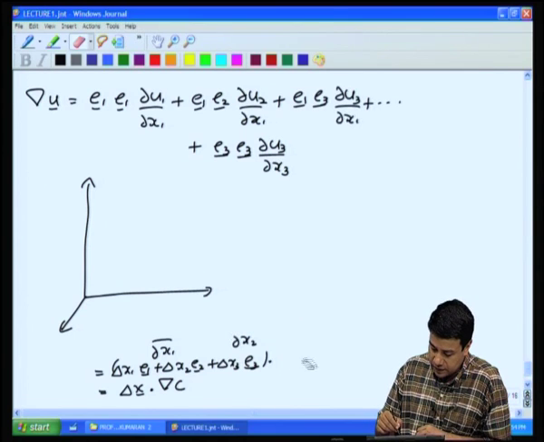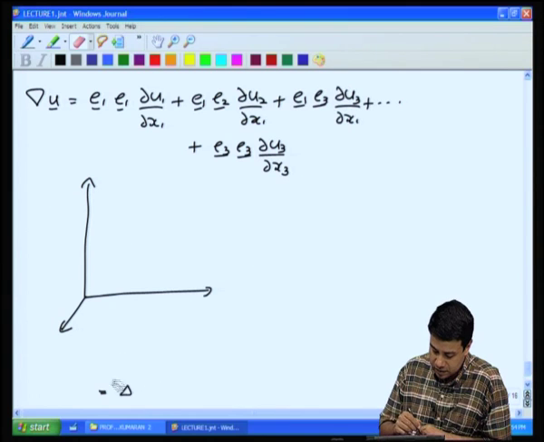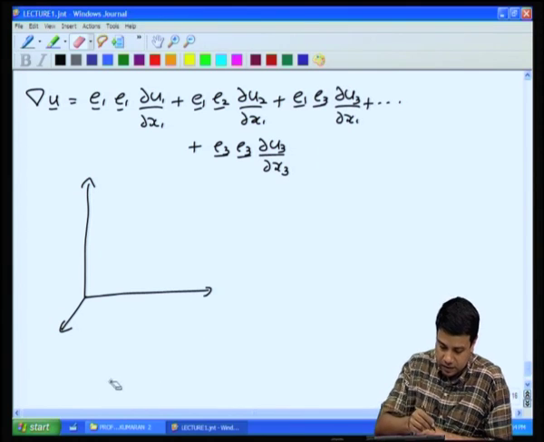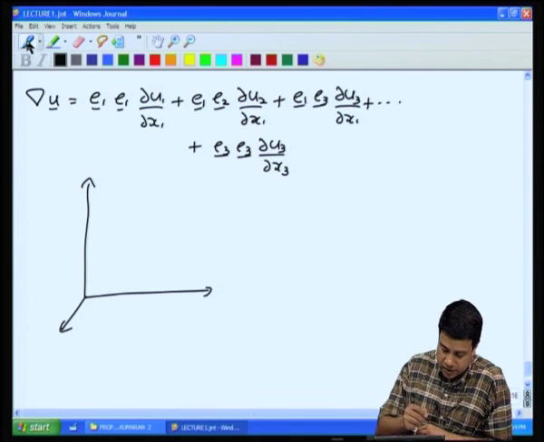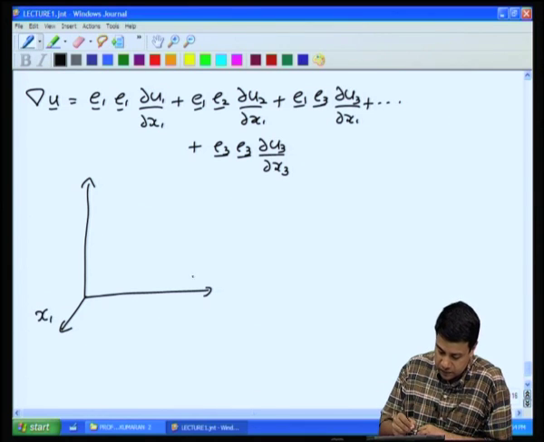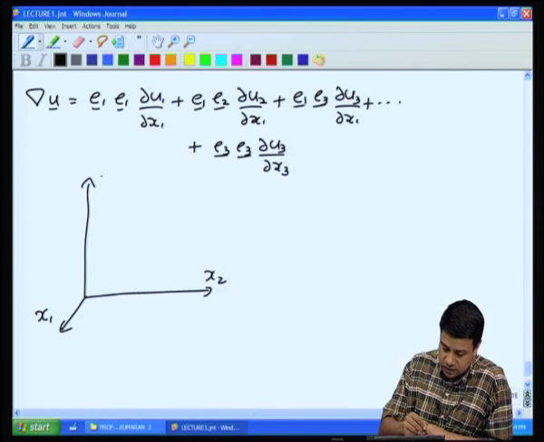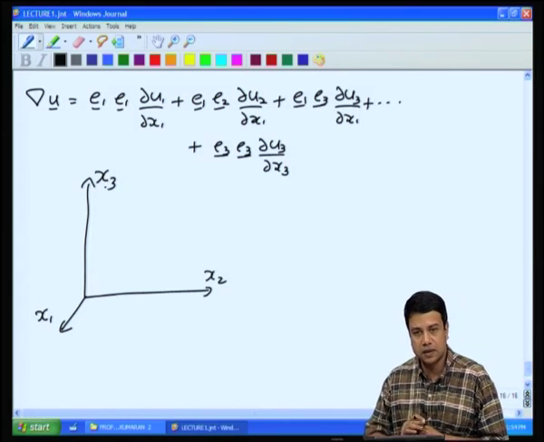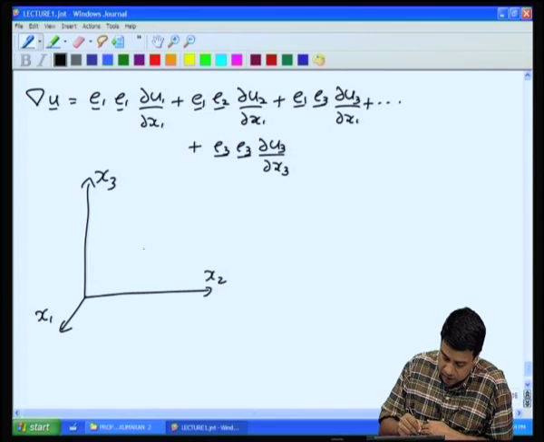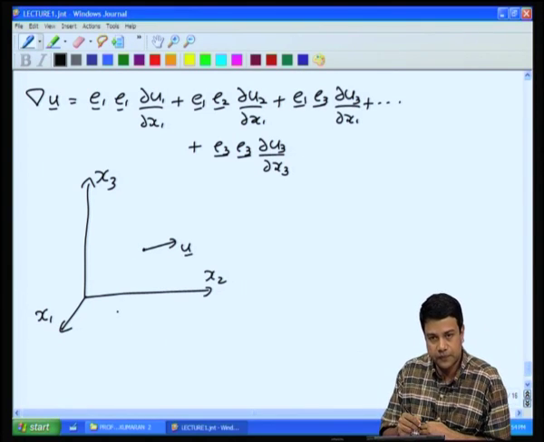I have a velocity field, a velocity vector, which is defined at each particular location in this field. Okay. At each position, there is a single valued velocity, single valued implying that the velocity at each particular location is uniquely specified. So, I have a velocity at one particular location, u vector.